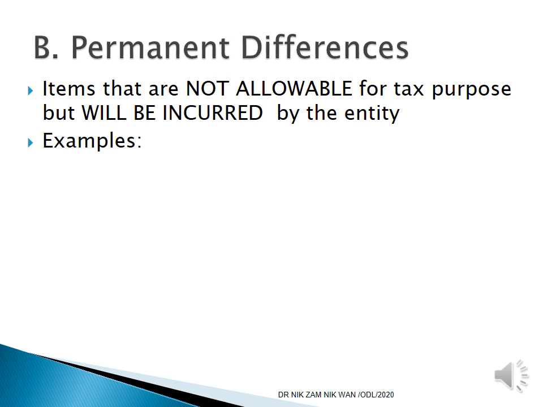If we understand the concept of permanent difference and temporary difference, then it would be easier for us to understand. Permanent differences are items that are not allowable for tax purposes but will be incurred by the entities.